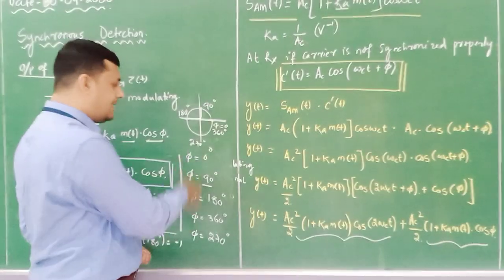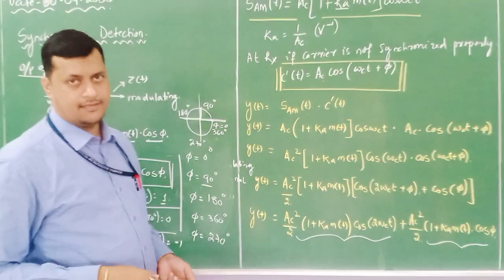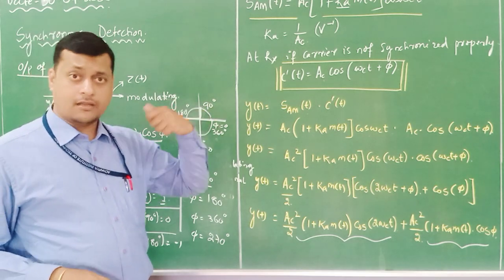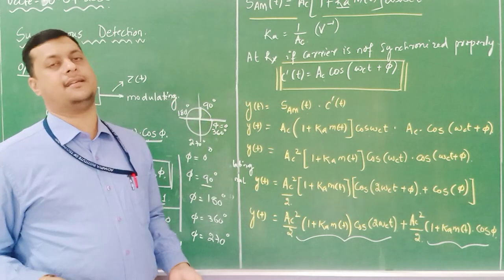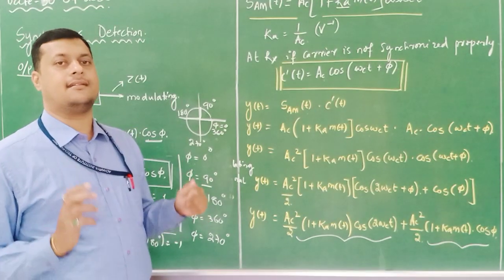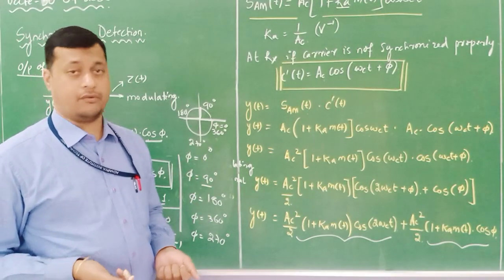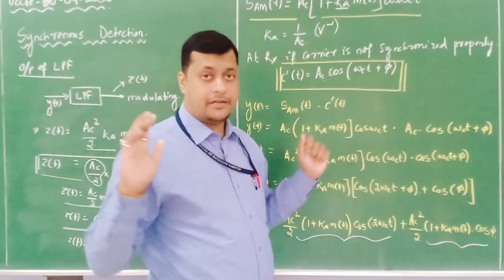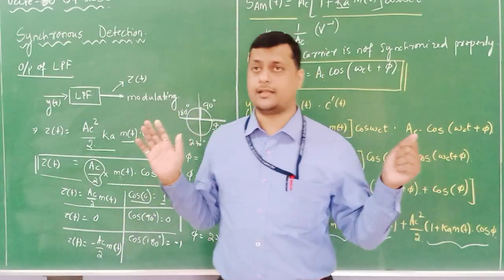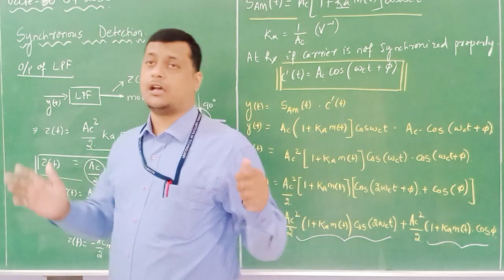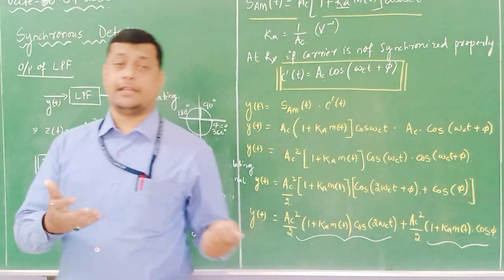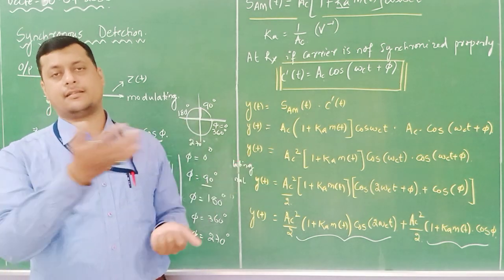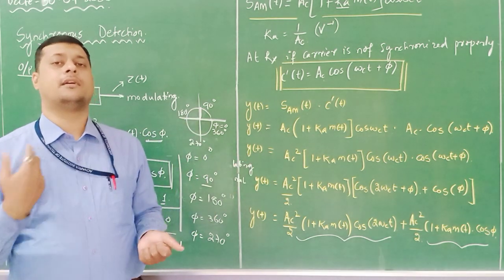And this synchronization is very difficult to match. So the synchronous detector is very difficult to design. The complexity is more. The synchronization is a very tedious job. What I discussed in the last class is that when I am transmitting with the help of a TV broadcasting station, we use a higher carrier frequency. But when we are receiving at the receiver end, where we are the users, n number of DTH services are available in different areas.